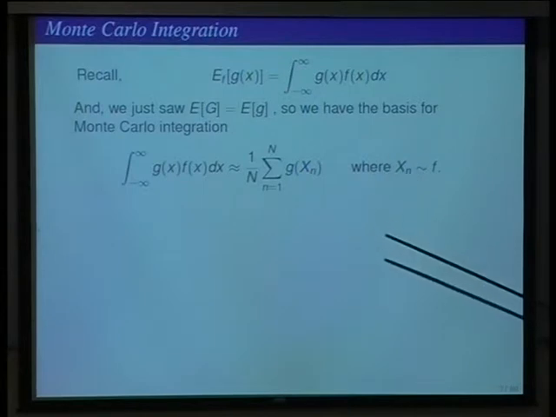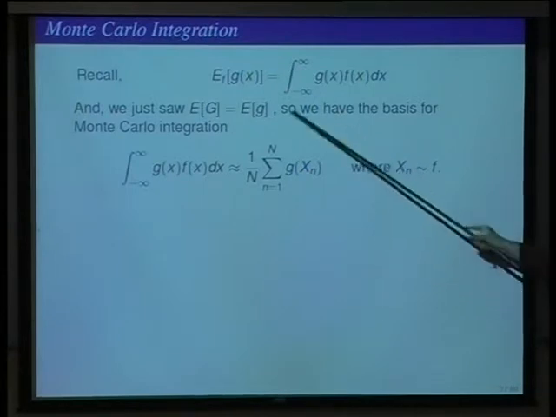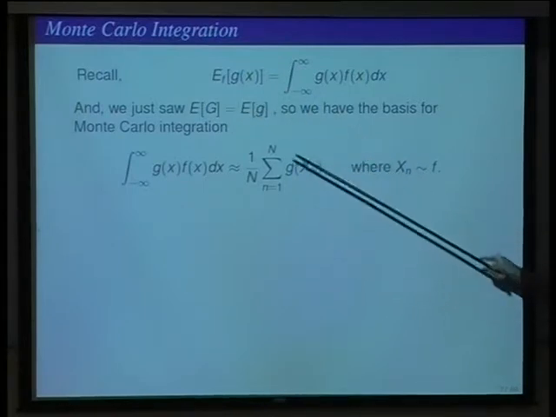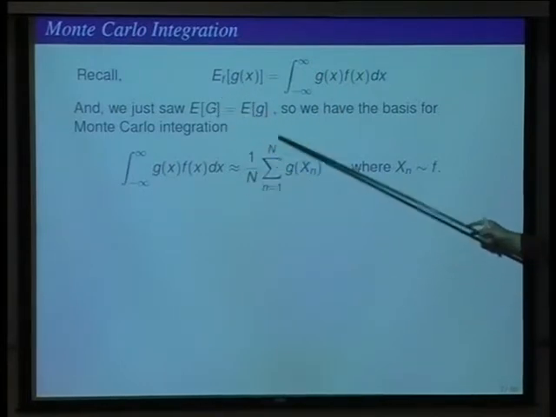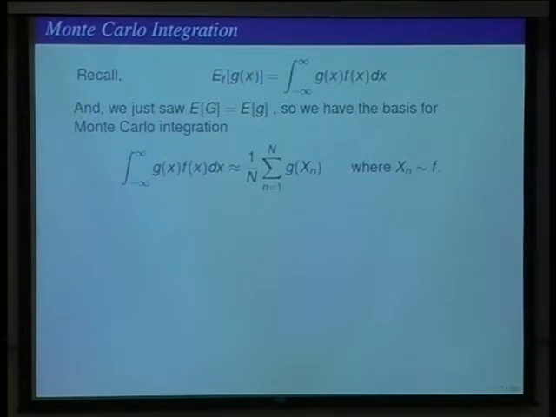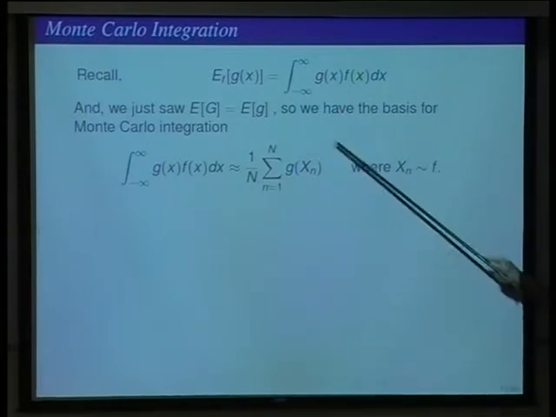Well, if that holds, if these things are equal, then my estimator G is going to be approximately the estimator G whose variance is going to 0. So it's getting closer and closer to this mean, to this expectation. It's going to be approximately this integral. And this is Monte Carlo integration.